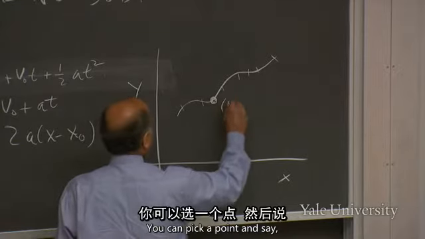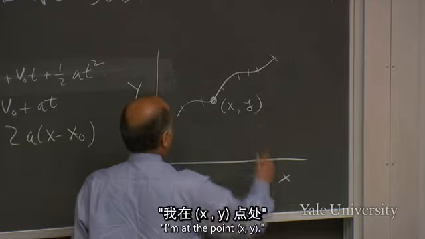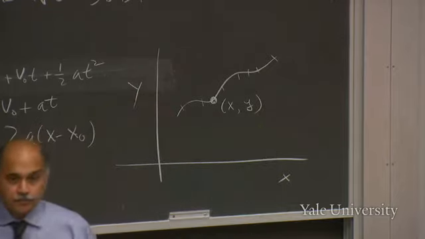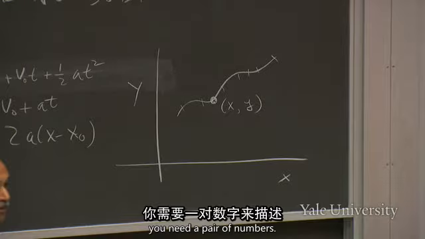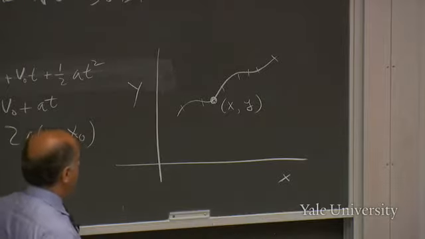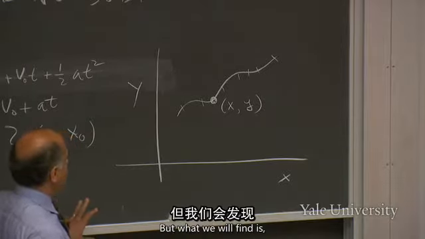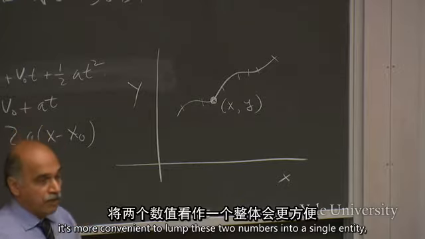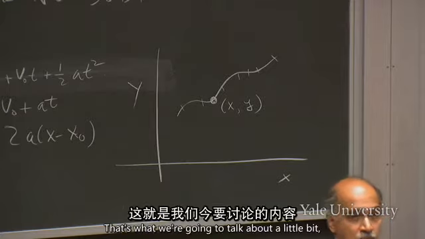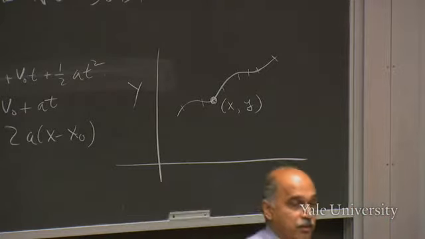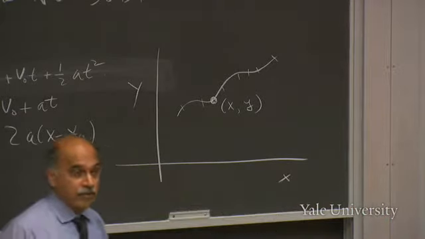You can pick a point and say, I am at the point xy. So when you go to 2 dimensions, you need a pair of numbers. Instead of x, you need x and y. But what we will find is it's more convenient to lump these 2 numbers into a single entity, which is called a vector. So that's what we're going to talk about a little bit, talk a little bit about vectors.